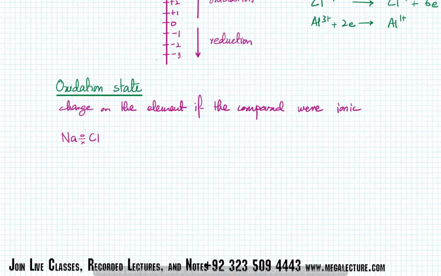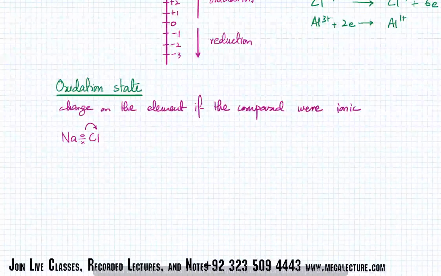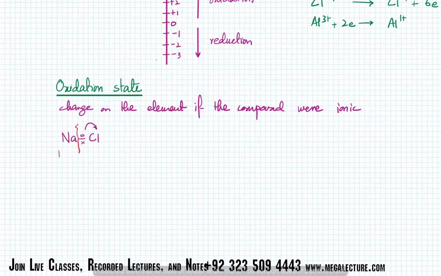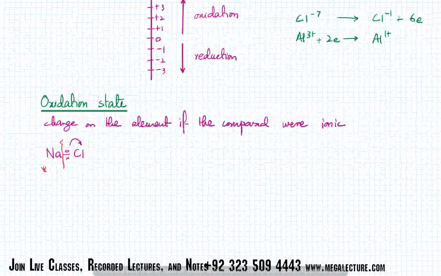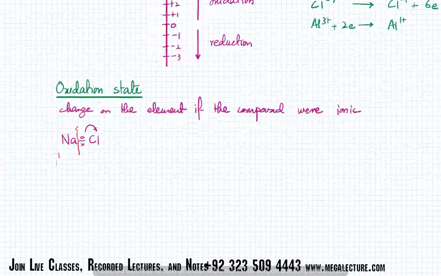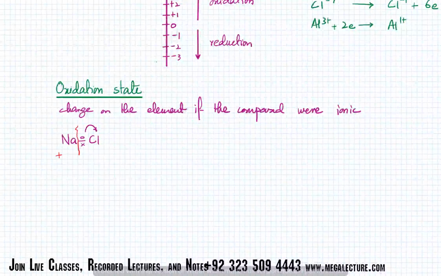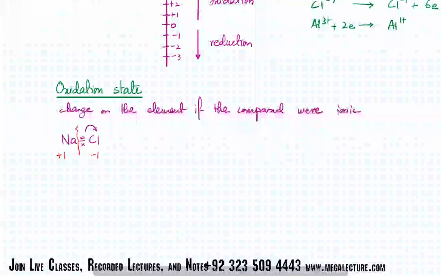In this case, Cl is very electronegative, so it literally gains electrons, and Na, in reality, does lose electrons. So Na is +1 and Cl is -1. That's what happens in ionic compounds.